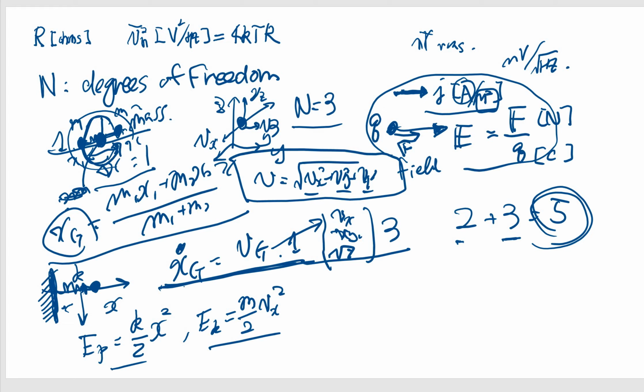In this case, this system has N equal to 2 degrees of freedom.